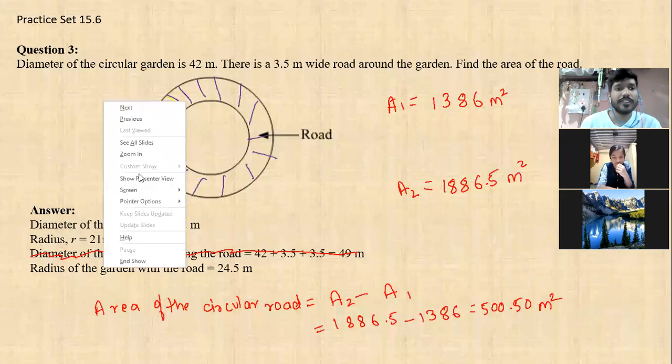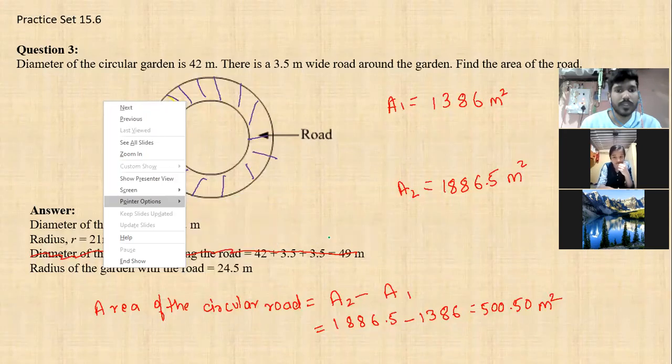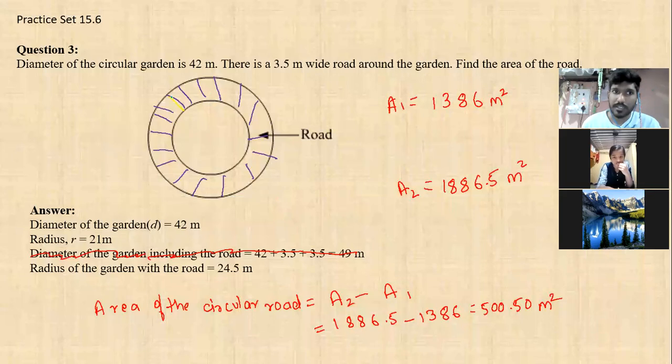To find this area, we have to take the area of the bigger circle. That means this entire thing. Look at the green portion.